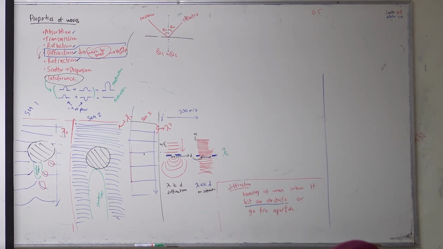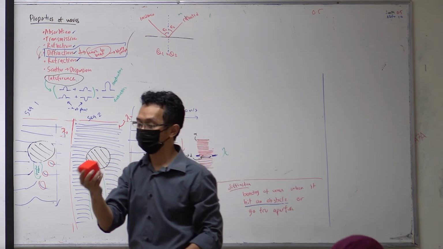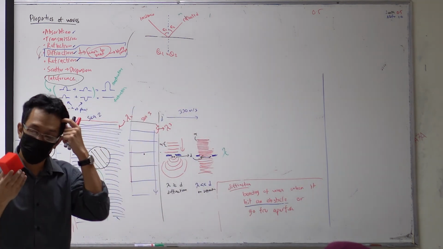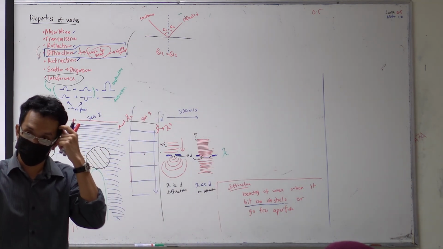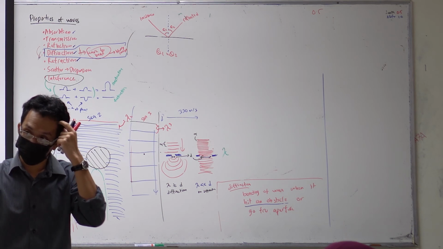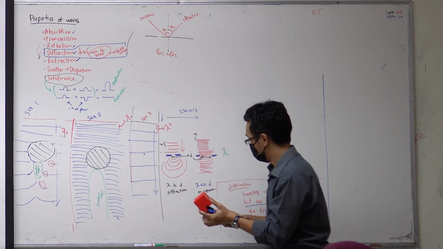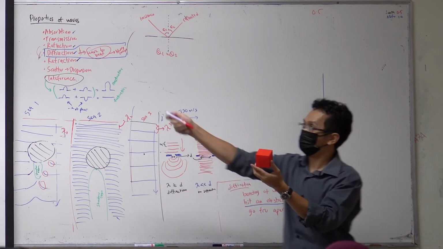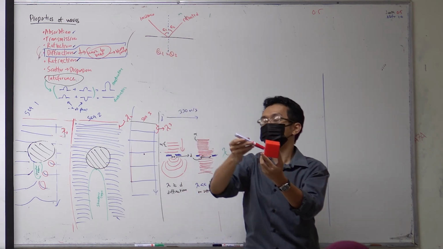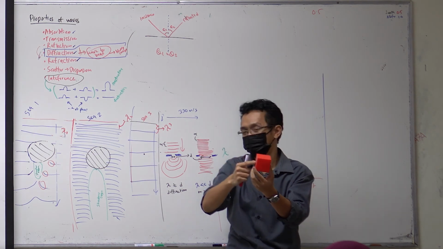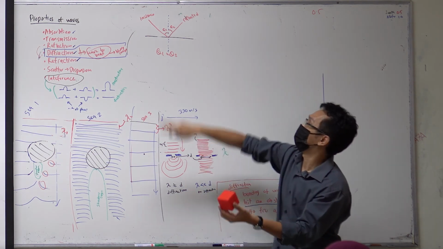For example, let's say I have this red cube. You see this red cube. Why do you see this red cube? You see it because the light coming here is absorbed, everything except red, and then it reflects the red. Same idea as this.